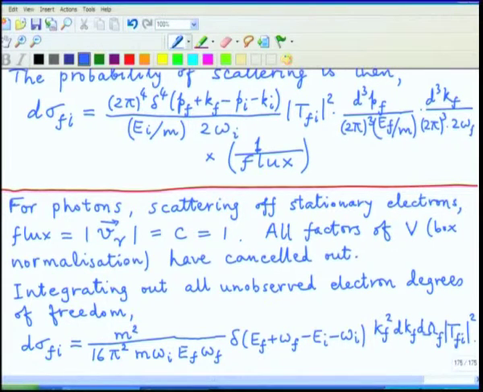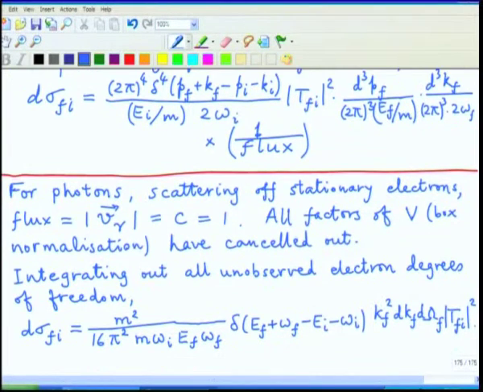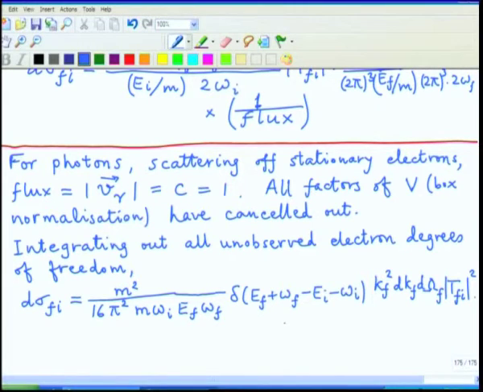All the 2 pi cubes etcetera have been already taken care of, and finally, there is the matrix element squared. So, this is an expression which we now have to integrate over the radial part of k_f, and in doing that we need to take into account that in the delta function not only is omega_f equal to k_f, which is one dependence, but E_f also depends on k_f due to the energy momentum conservation.